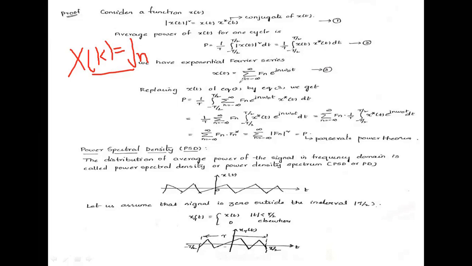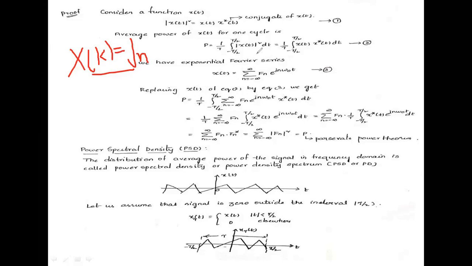Remember here, don't confuse it; here I wrote Fn. Actually it is the sum over k from minus infinity to infinity, written as xn only. Replacing x of t in this equation by equation 3.